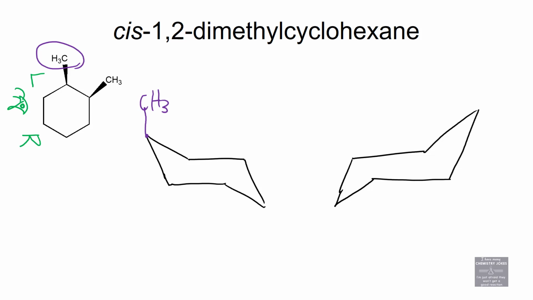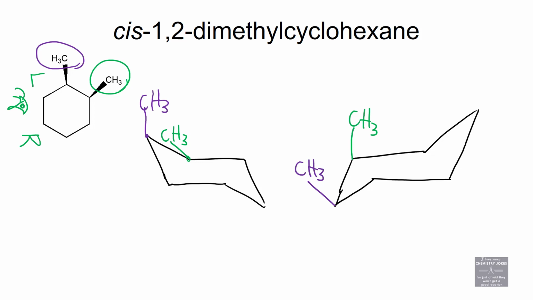Okay, going on around, if I look at this carbon, that's my neighbor here, up on that carbon means equatorial. Okay. Chair flip. Hopefully in your head you're processing whether my groups should be up or down or axial or equatorial. But there it is. That's my product.